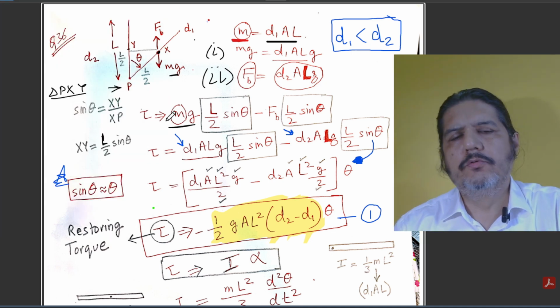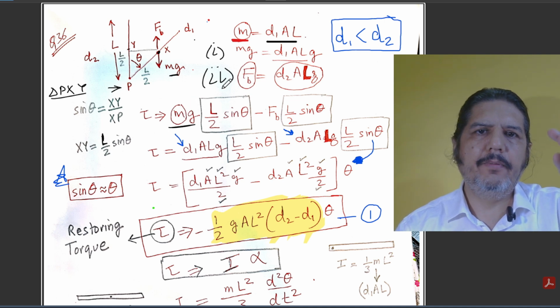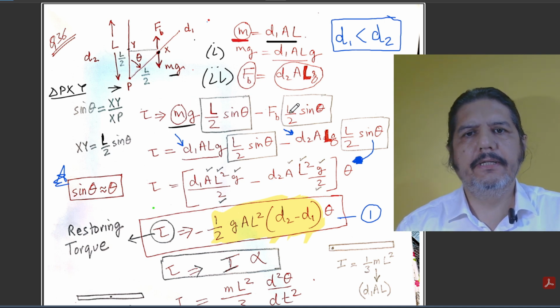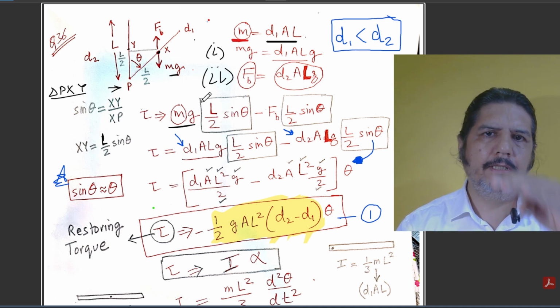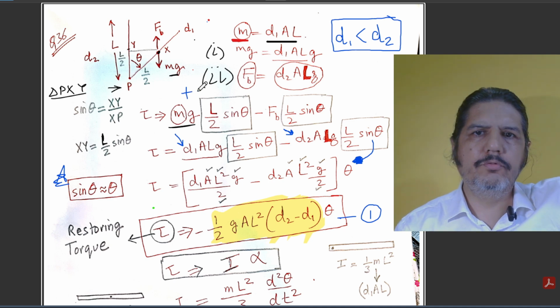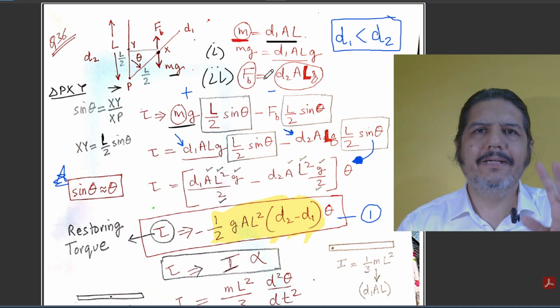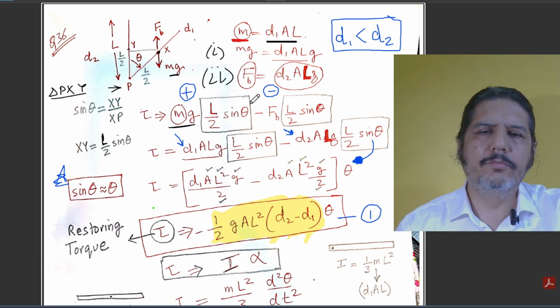Okay. So my net torque is equal to mg L by 2 sine theta minus Fb, the buoyant force, multiplied by L by 2 sine theta. Here, I have taken the torque due to the weight as positive and the torque due to the buoyant force as negative, and it doesn't matter. Don't worry, you'll understand that in 2 minutes.